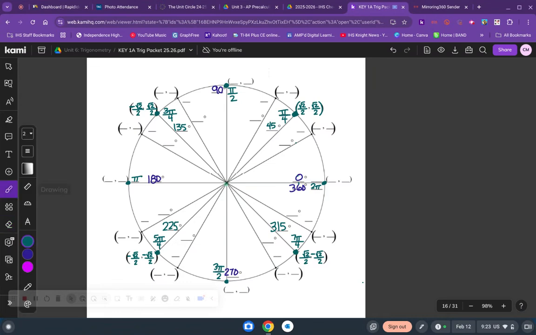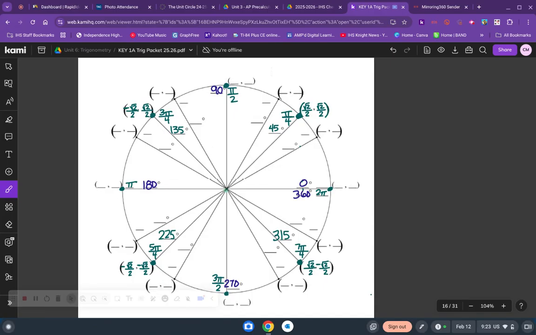I'm happy to give you more detail, but for now I'm just going to plow ahead and pick another angle family and go around the circle.